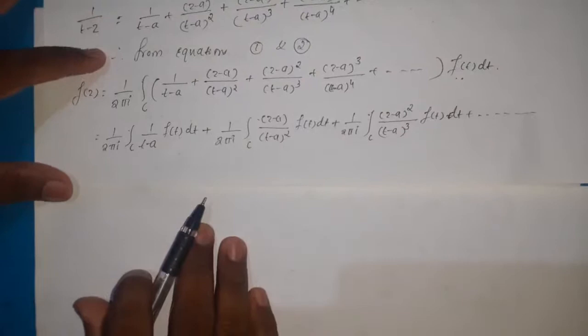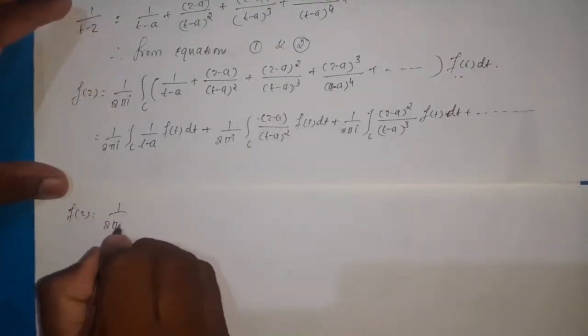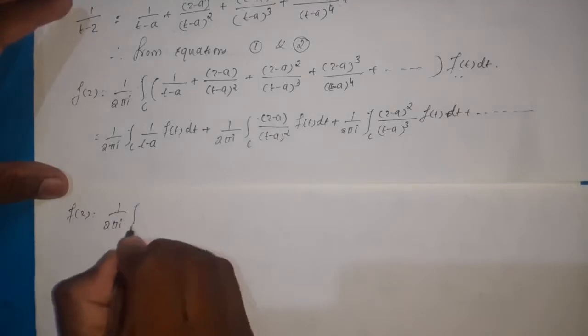Then f of z equals 1 by 2 pi i integration over c.